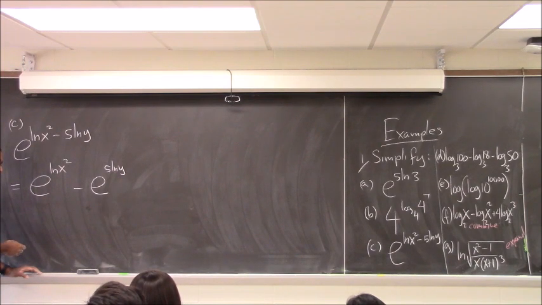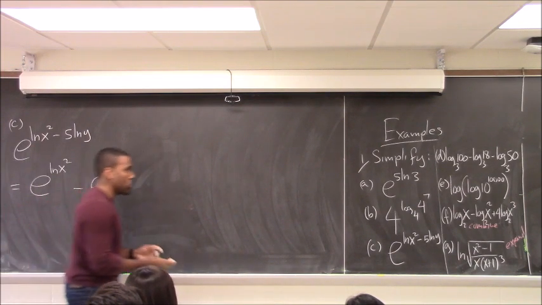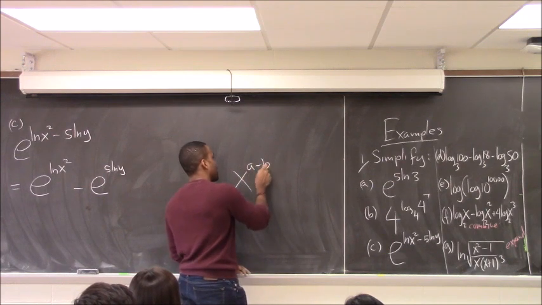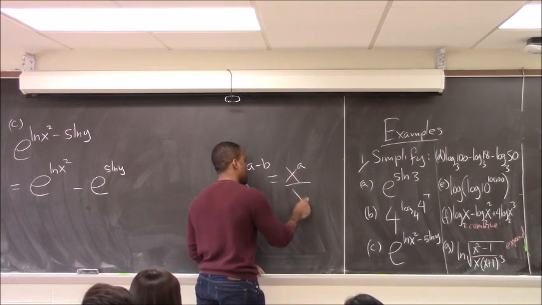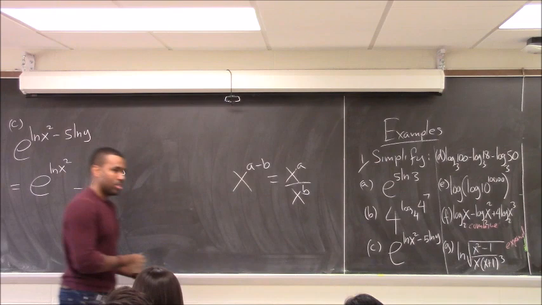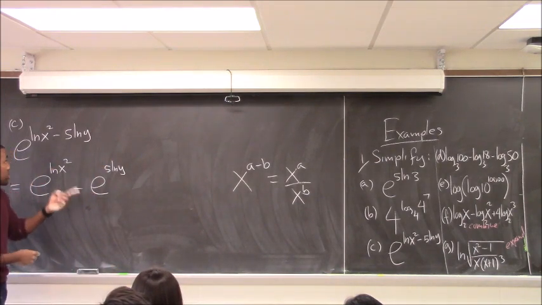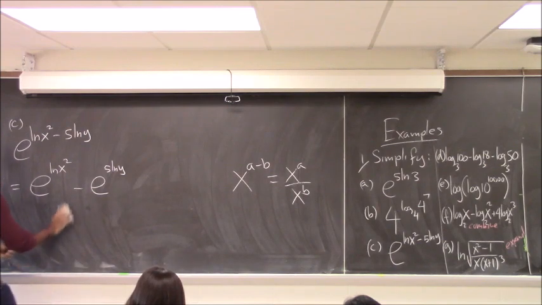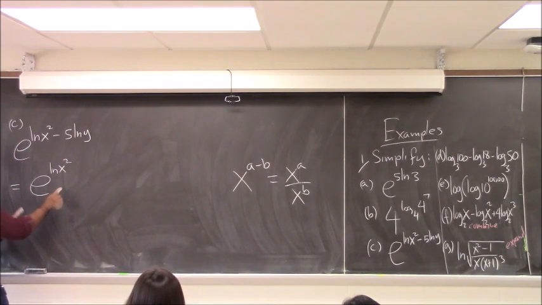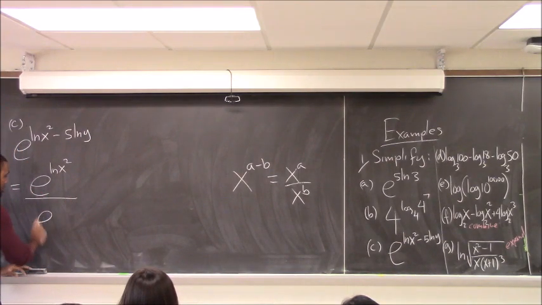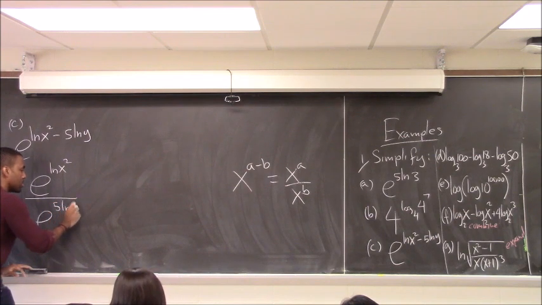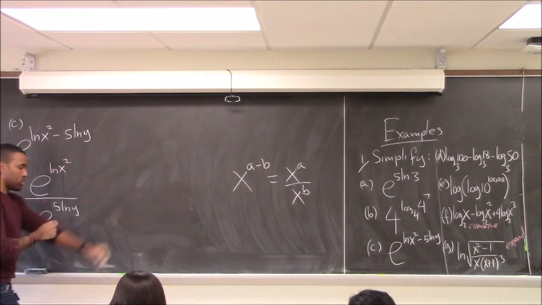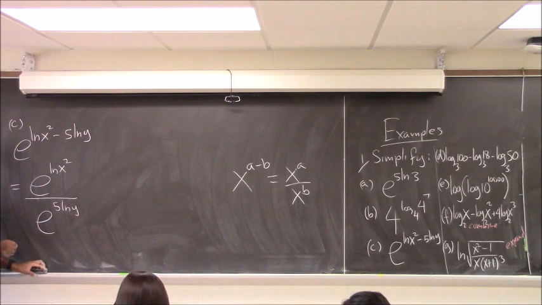See, now you start thinking about it because we know the rule. That is this, right? You can't forget the rules. A subtraction in the power means division in the base. So it's not a subtract. It's that, right? Don't forget any of the previous rules, right? So, okay, that would be the first step.